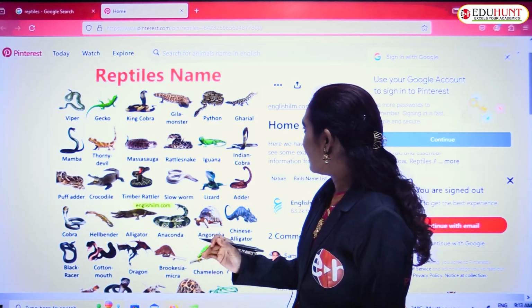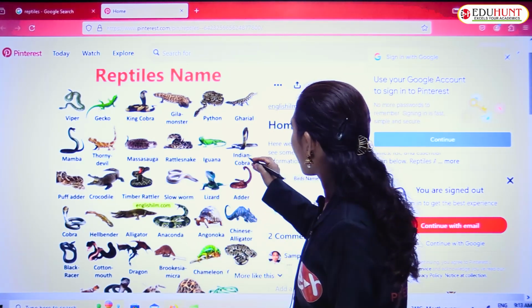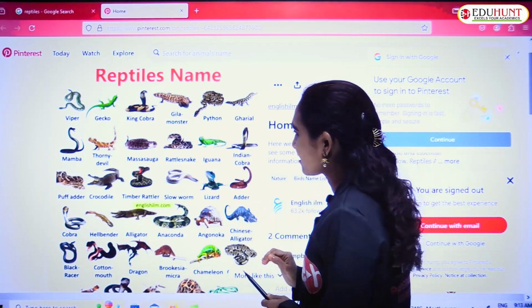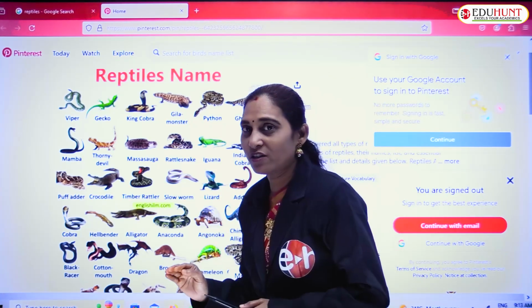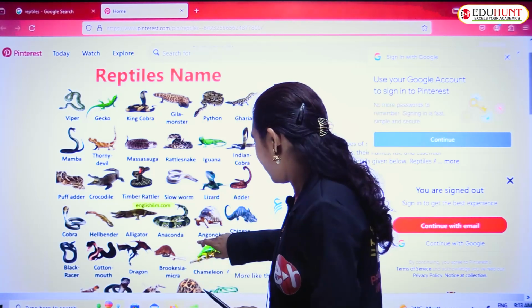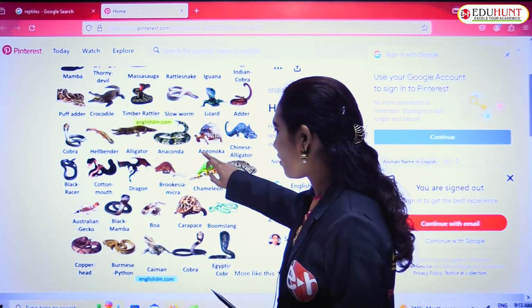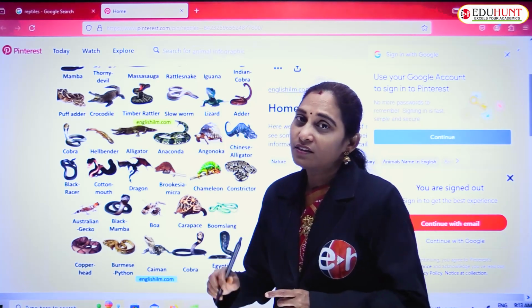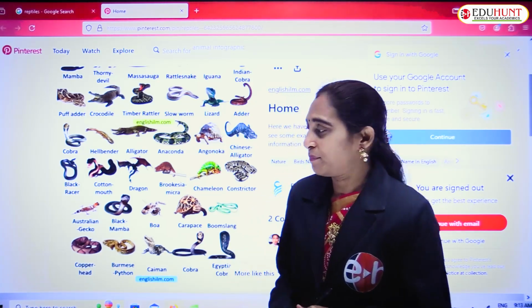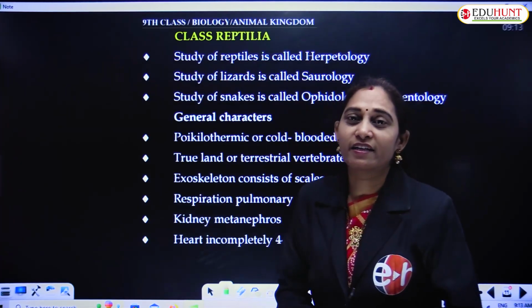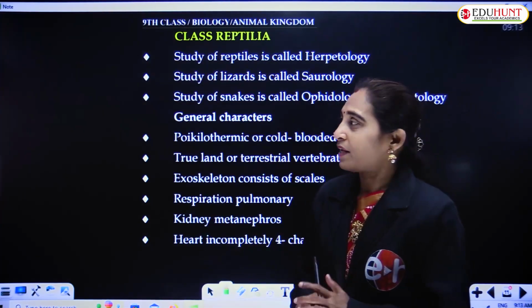Garden lizards, king cobra, that is snakes, crocodiles, and even tortoise are also examples of reptiles.